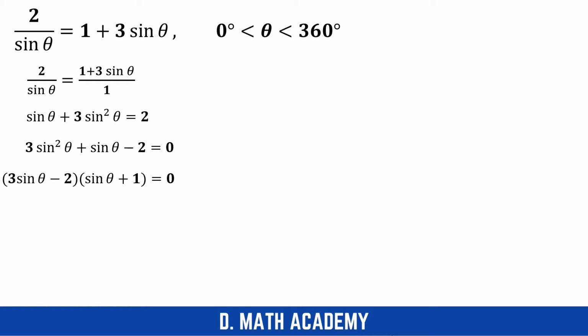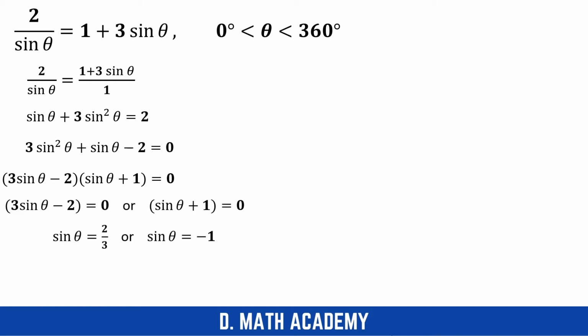So I run some adjustment, so I get 3 sine theta equals to 2, sine theta equals to 2 over 3, or sine theta equals to negative 1. So with this being said, I know that my answer will appear at first and second quadrant for the one that is positive. And for the one that's negative, which is our sine theta equals to negative 1 here, it could appear at the third and fourth quadrant.